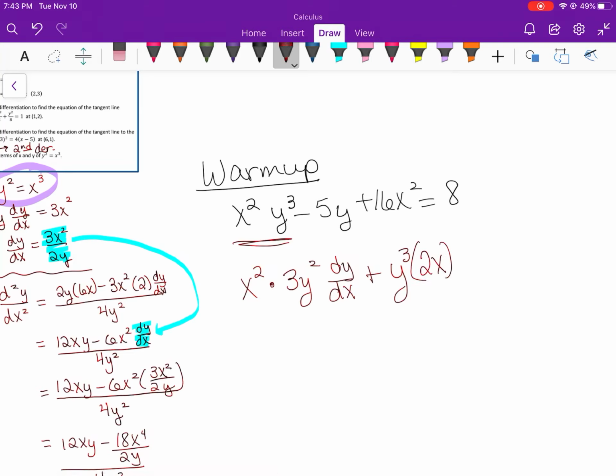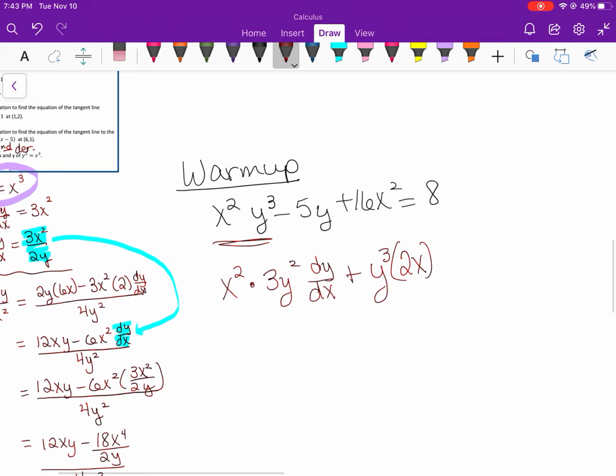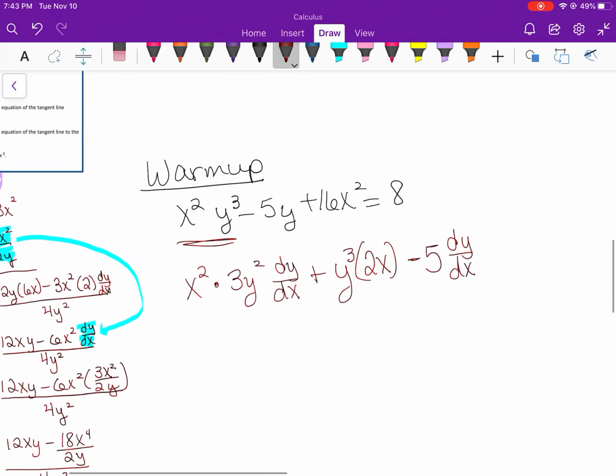So it's the first times the derivative of the second plus the second times the derivative of the first. The derivative of minus 5y is minus 5, but I back it up with dy dx, and then 32x, and then equals 0.